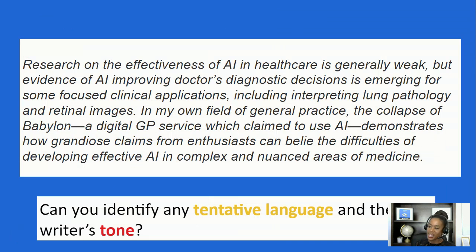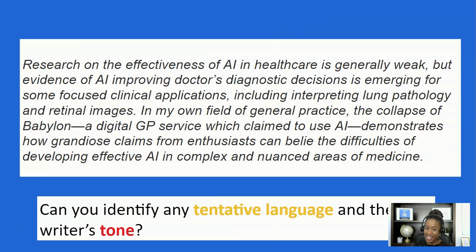So, what I'd like you to do is see if you can identify any tentative language being used here and see if you can pick up on the writer's tone. So I'll give you a moment to read through this. What you can do is press pause if you like, have a think, and then press play again once you've had enough time.